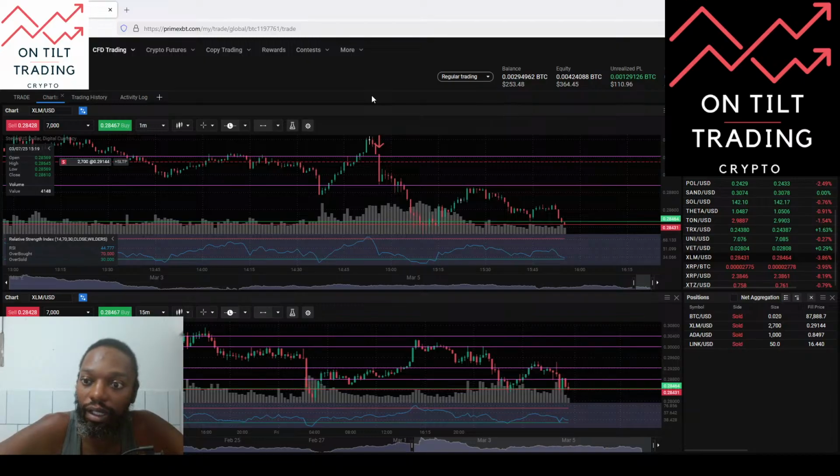Now, whether or not we're able to get to target is a completely different story. But having the right risk to reward ratio to protect your account when you are losing trades, which everyone does, it will help to protect you.